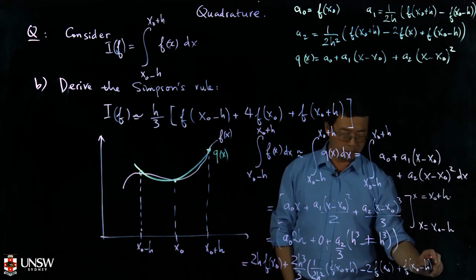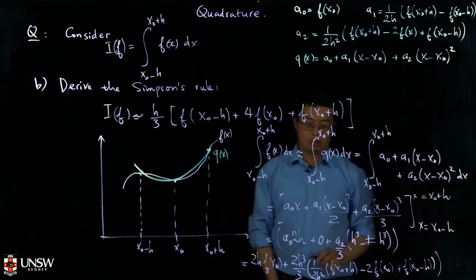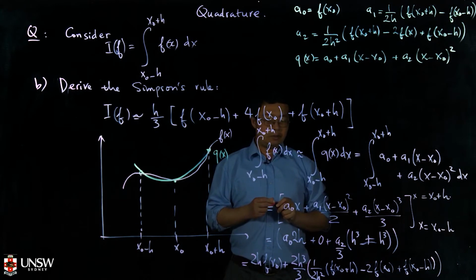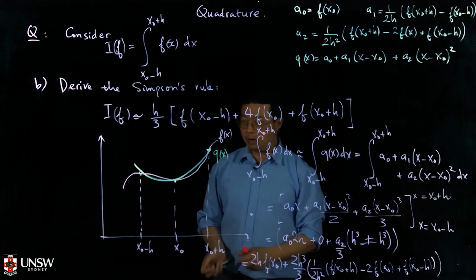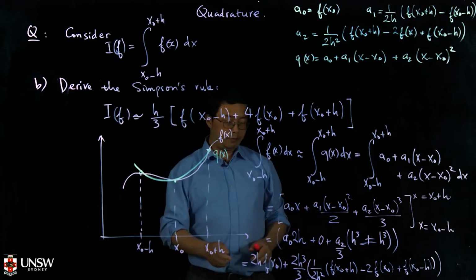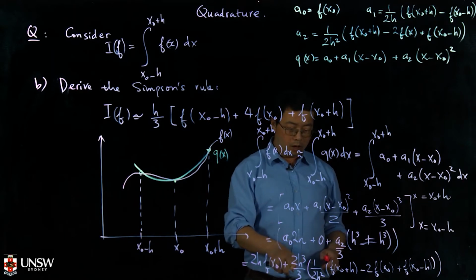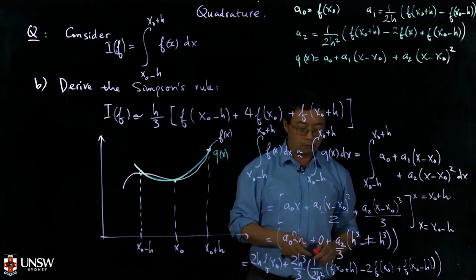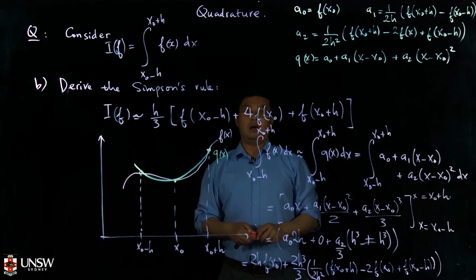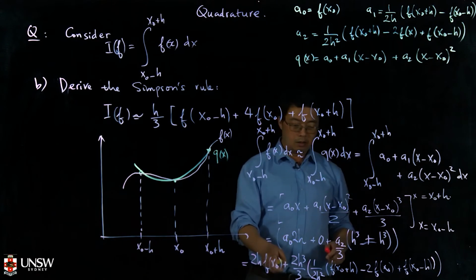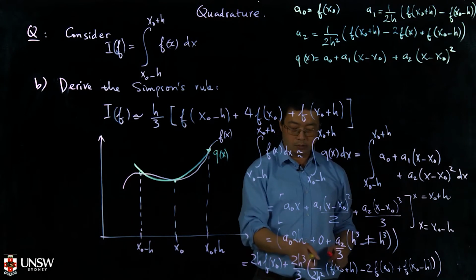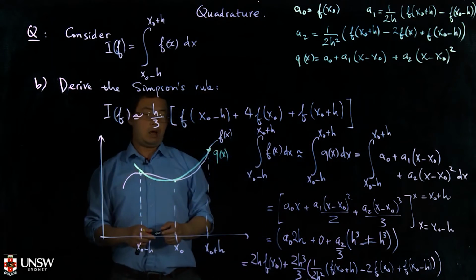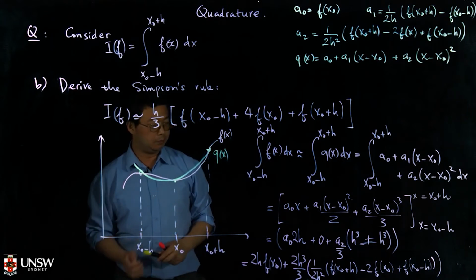Okay. And I simplify a little bit. So if I simplify it, then h squared here cancels with h squared, giving you only h. And here, then I have 2 getting cancelled with 2. So let me write down the formula.